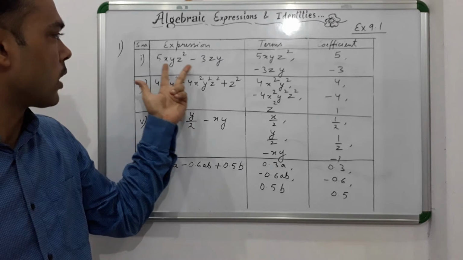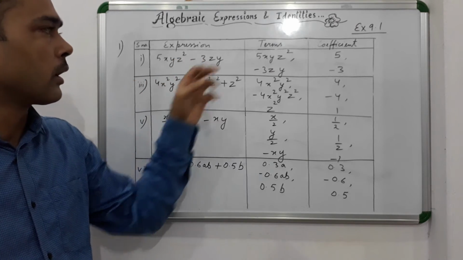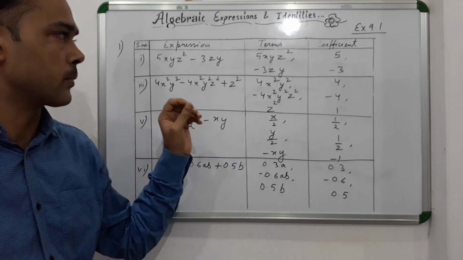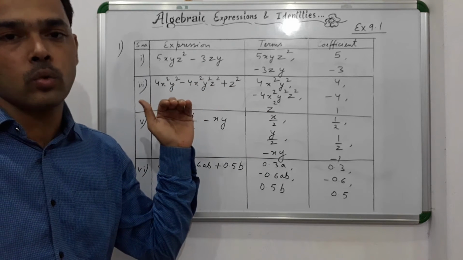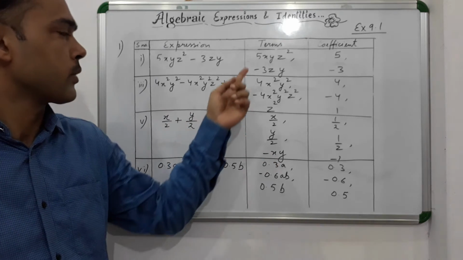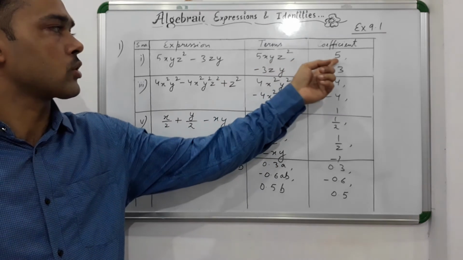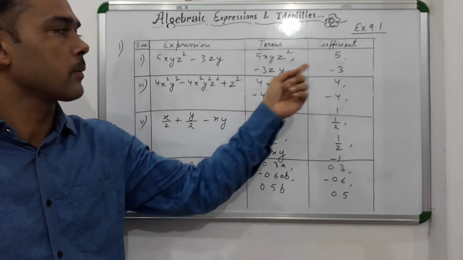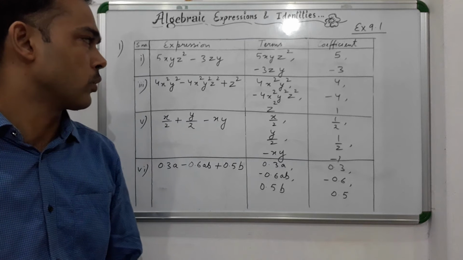It means this is one term, this is the second term. Coefficient means the constant present in those terms, because if only coefficient is mentioned, it means numeric coefficient. So 5 is the constant, so 5 will be written over here. Minus 3 is the constant in the other term, so minus 3 will be written over there.